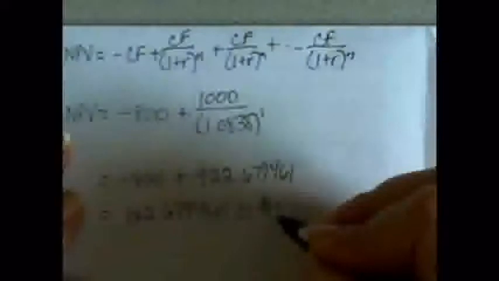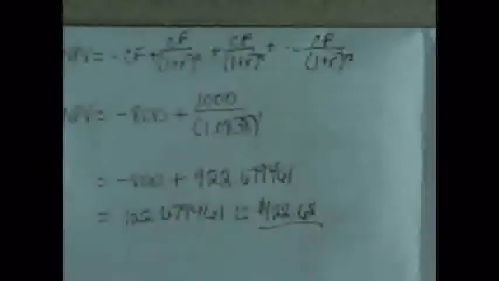Then when you calculate all that out, you get negative 800 plus 922.679461, and that is equal to 122.679461, which is approximately $122.68. Now, since the net present value is greater than 0, Stan should move forward with this project.